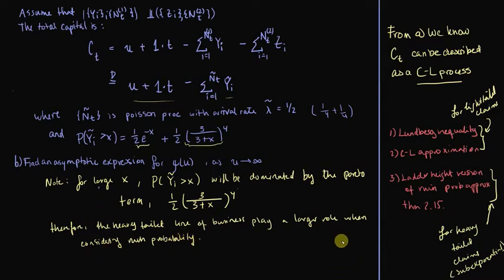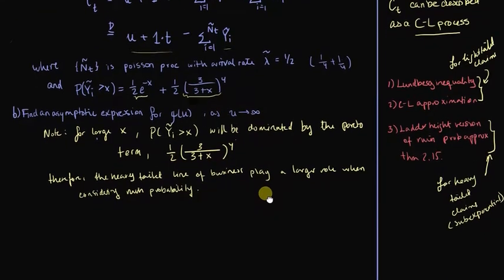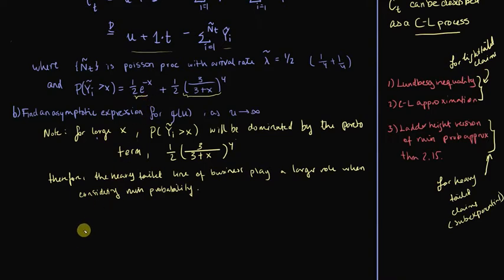In fact, I can make this a bit more precise. If we consider what happens when I take the probability of Y_i being greater than x and divide by the Pareto tail, then the second term just becomes a 1, while the first term gives e to the minus x divided by 3 divided by 3 plus x to the fourth.